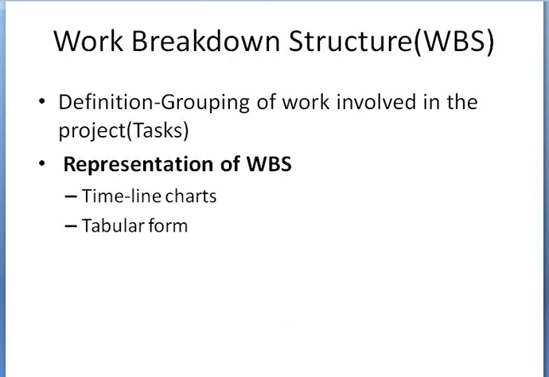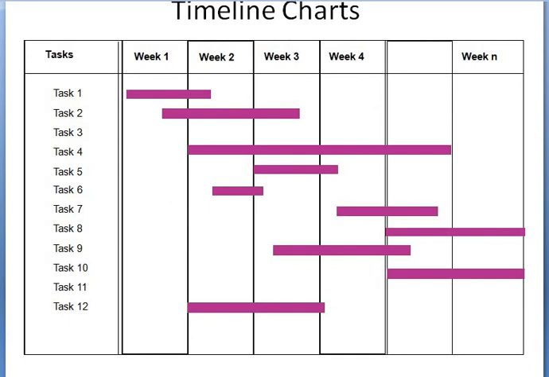So let's discuss the first form of representation of work breakdown structure, which is timeline charts. How is it represented, and what are the contents of a timeline chart? When creating a software project schedule, we begin with a set of tasks, right? That is the work breakdown structure of a number of tasks.